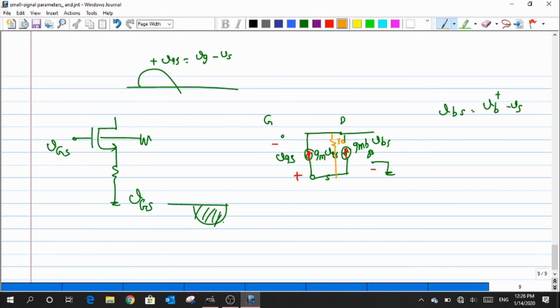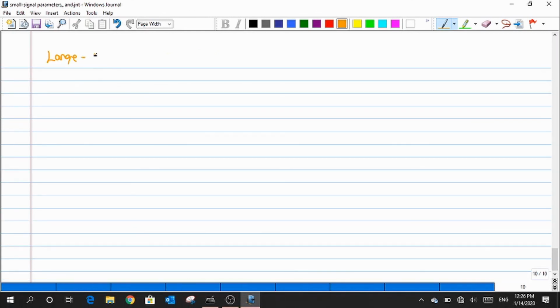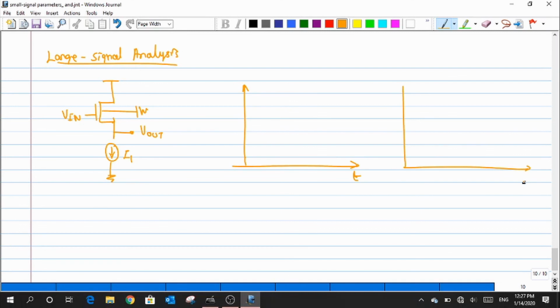Okay, let us have a quick exercise. It's again about this large signal analysis. In the first diagram, I'm going to assume that the source and the body are shorted, so this is without body effect.